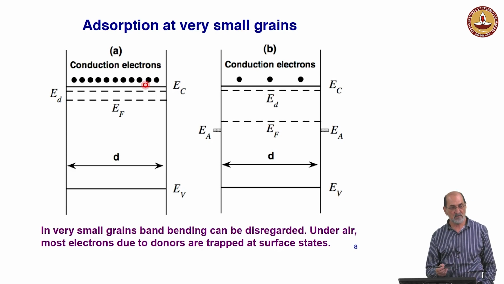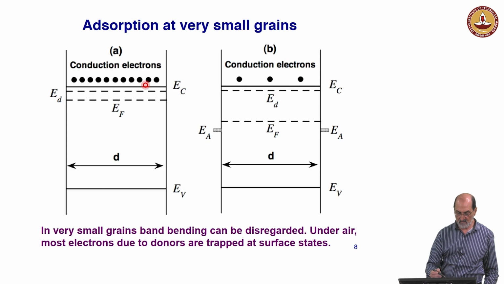We are looking for general relationships, and this is easier to understand. So here we have the Fermi level, here the doping level. If the distance is large enough, most of the dopants ionize, so they contribute to the conduction electron density.